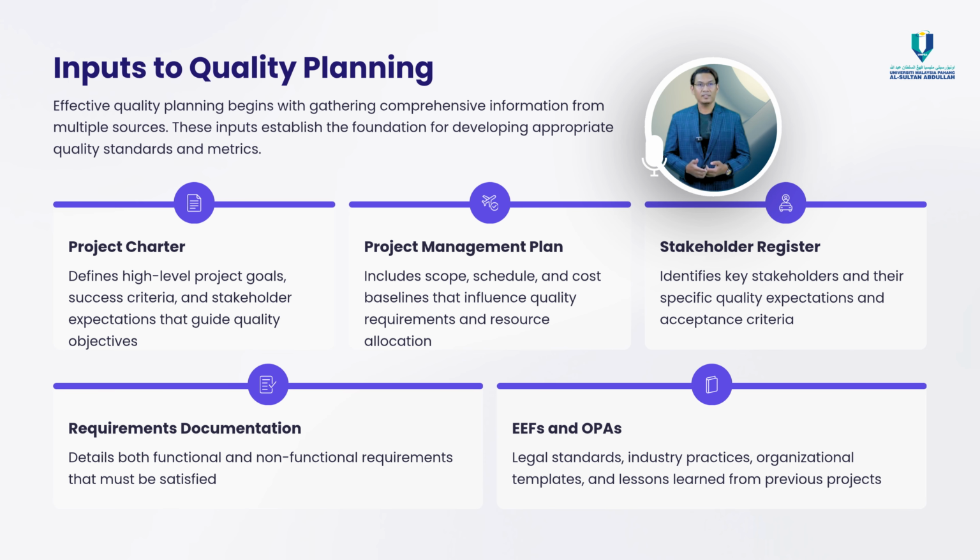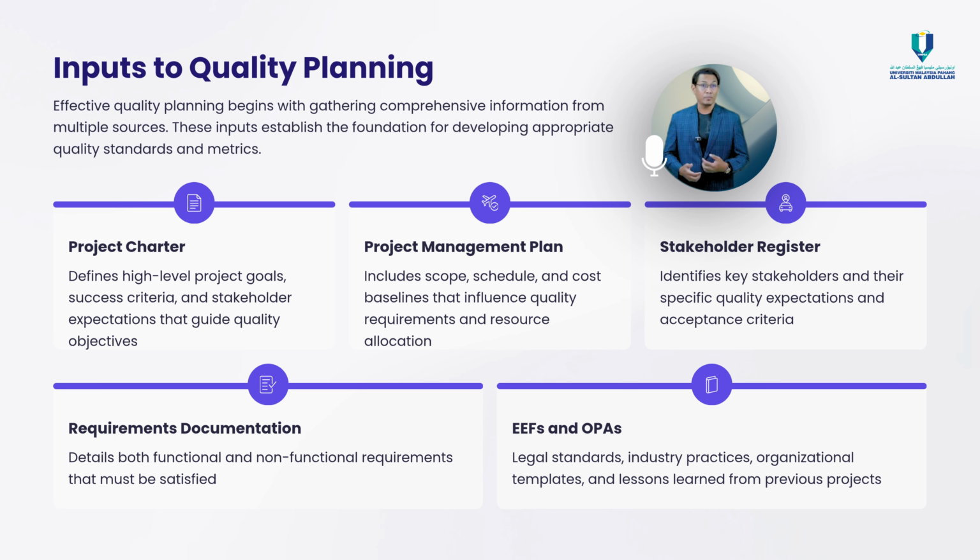According to PMBOK, these inputs include the project charter, which outlines the high-level goals of the project; the project management plan, especially the scope, schedule, and cost baselines; the stakeholder register, which helps identify who defines quality and whose expectations must be met; the requirements documentation, which includes both functional and non-functional requirements; enterprise environmental factors such as legal regulations, industry standards, and cultural conditions; and organizational process assets such as templates, past project reports, and quality standards from previous work.